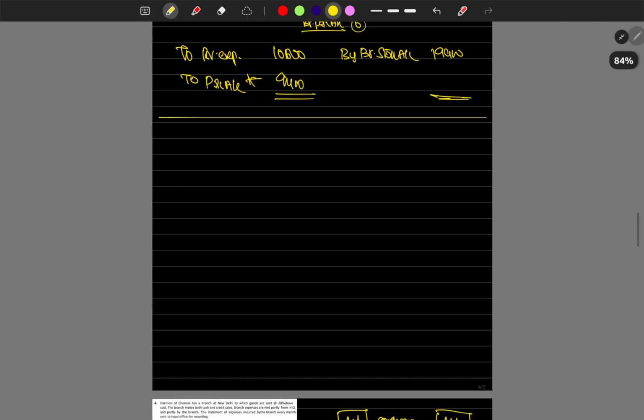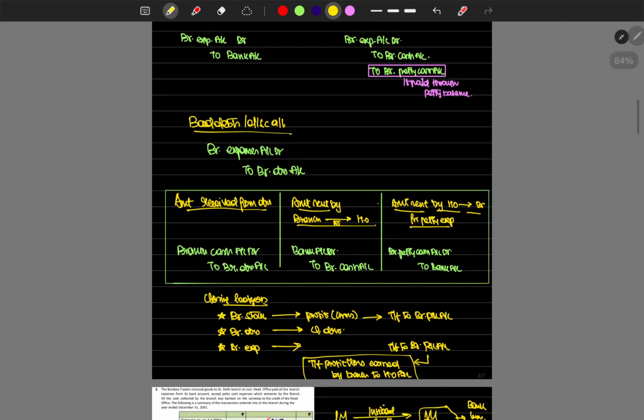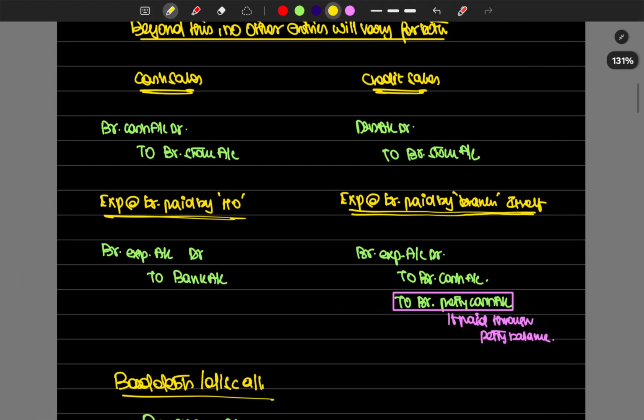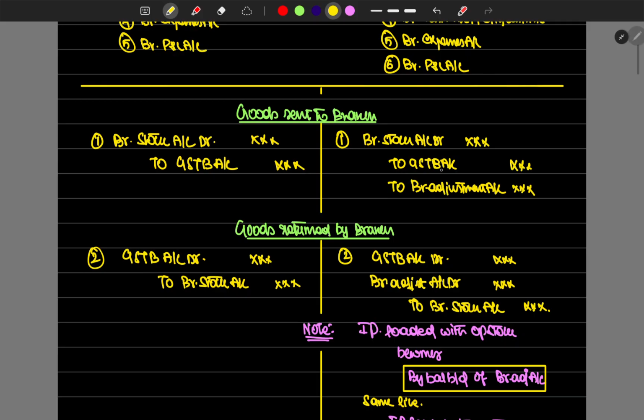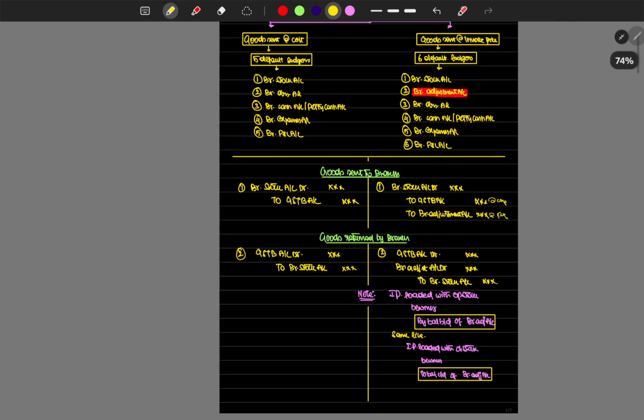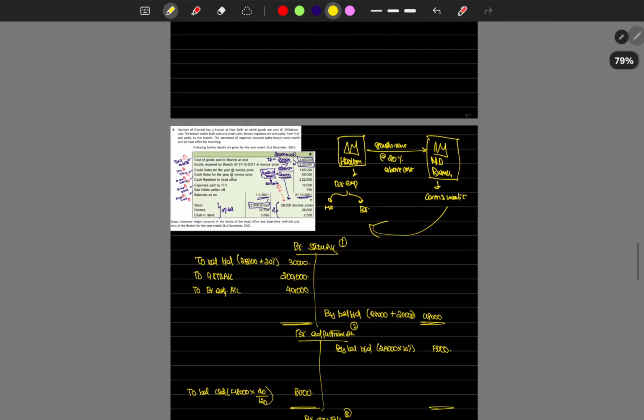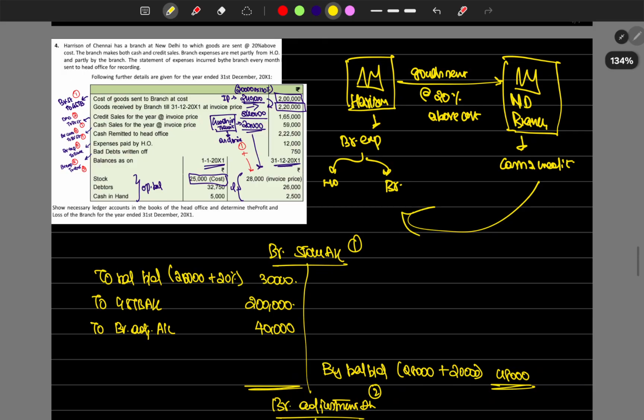See, in the branch stock account, debit to goods sent to branch at cost at profit portion. So that's what we have done here also. GSTB at cost and then branch adjustment account at profit price.